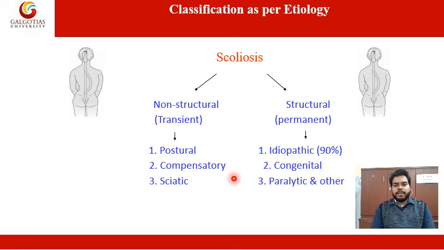And sciatic, if your sciatic nerve or the nerve damage causes the scoliosis. Idiopathic means no known cause. There is no known cause in 90% of scoliosis. And congenital means by birth, and the paralytic and others. These are the classification of the scoliosis as per the etiology.